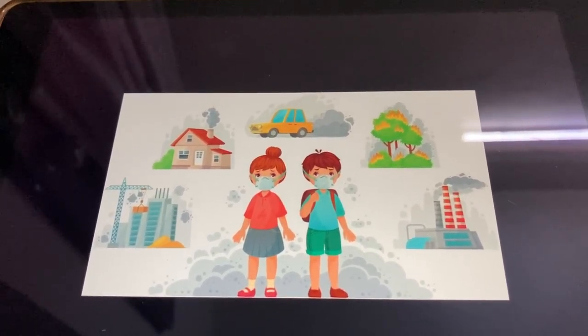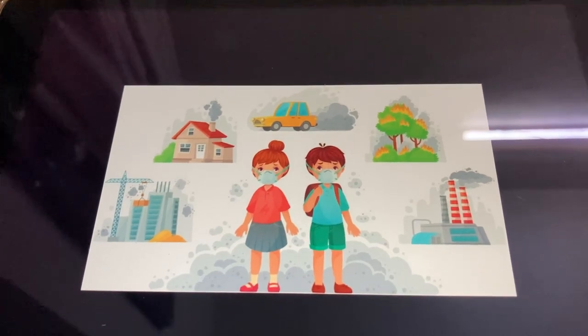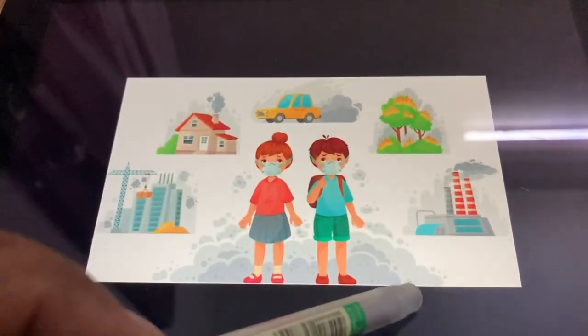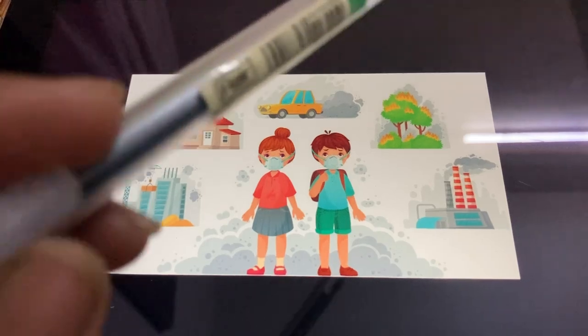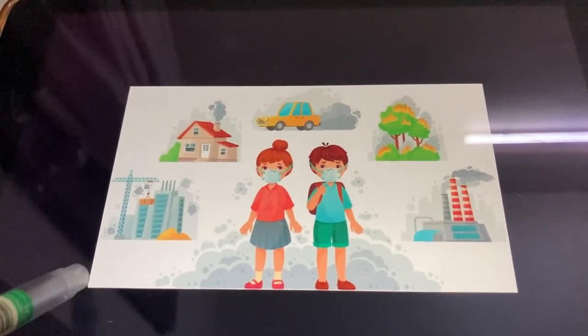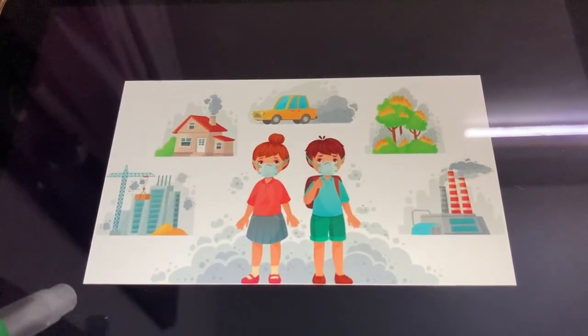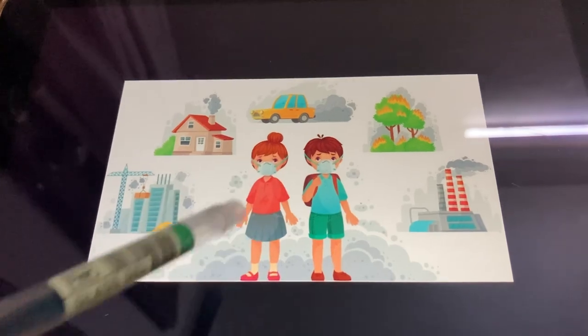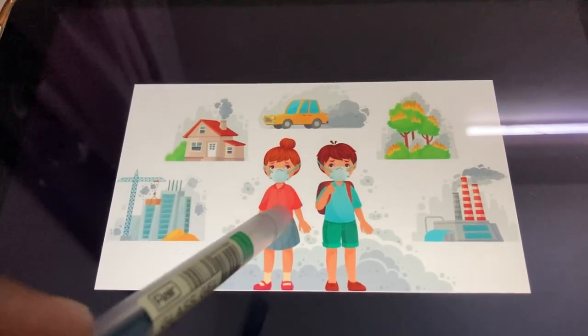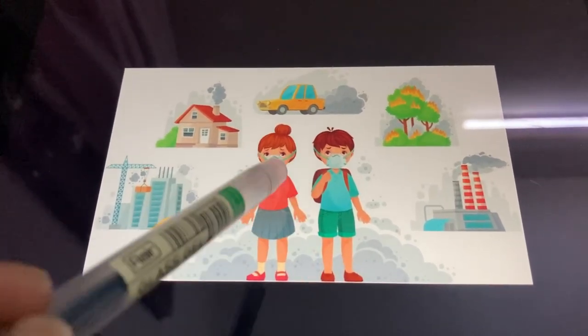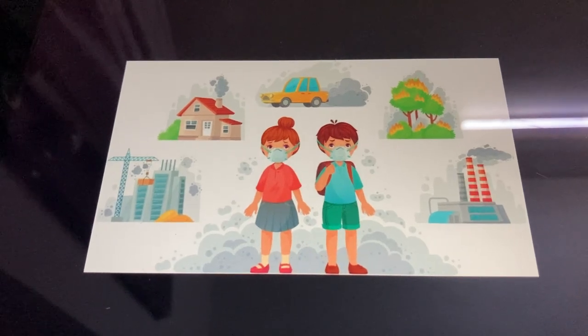Yes, and so much of pollution, so many of the factors that we are seeing here. If this much smoke, dust, and germs go and mix in the air, and we are breathing in that air, do you really think, my dear student, that it is good for our health? Absolutely not.